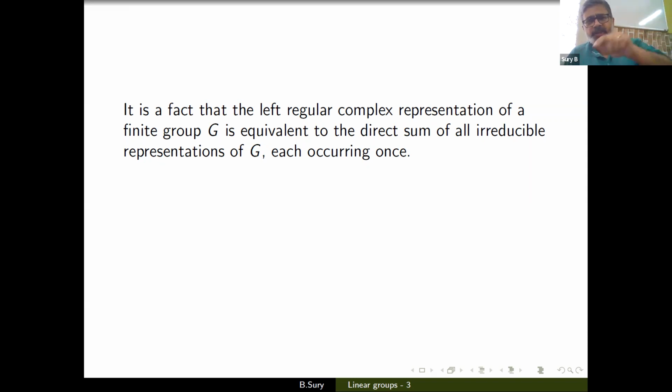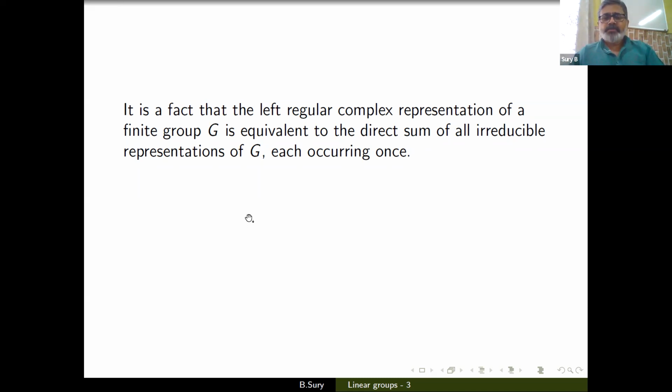We call the basis elements e1, e2, ..., en. And G acts on ei in what way? gi acting on ej gives the basis element corresponding to gi gj. This is the left regular representation. That means left multiplication of G on itself gives this representation.